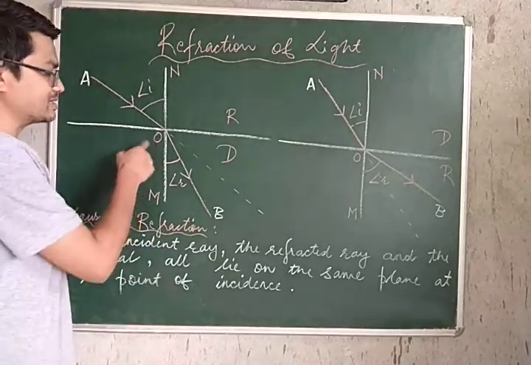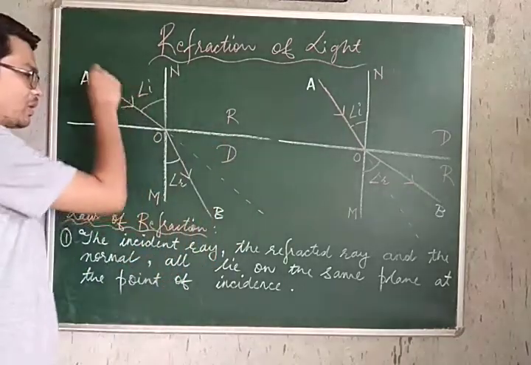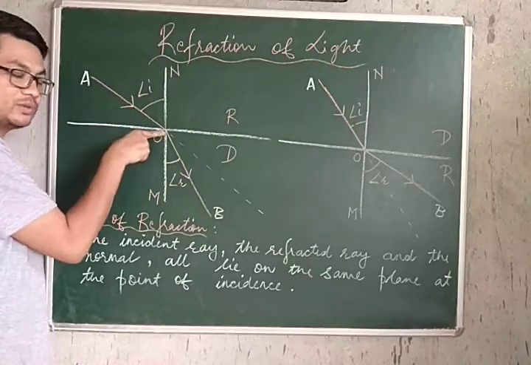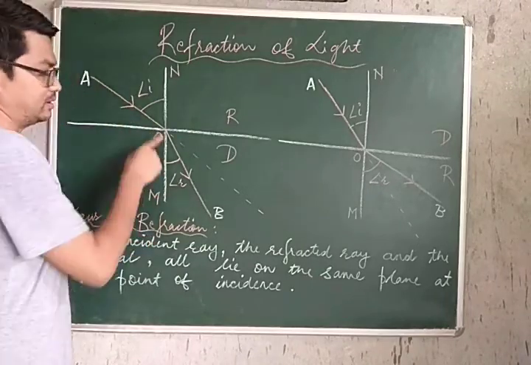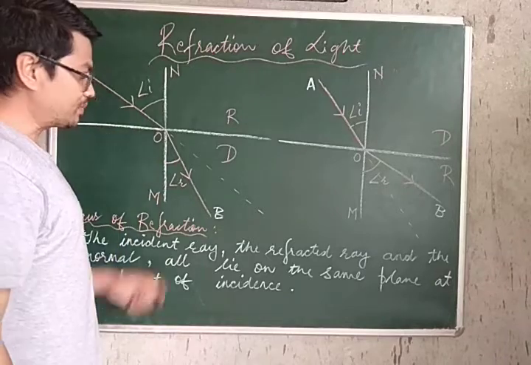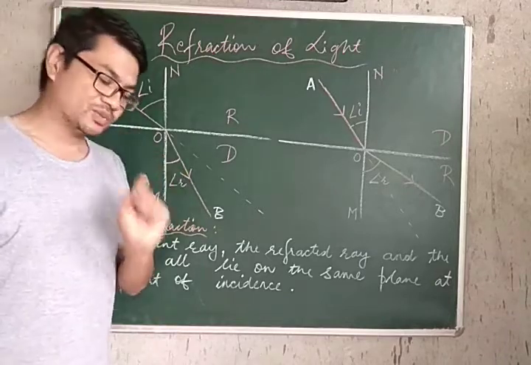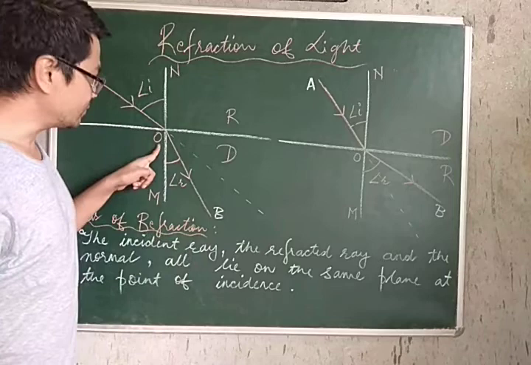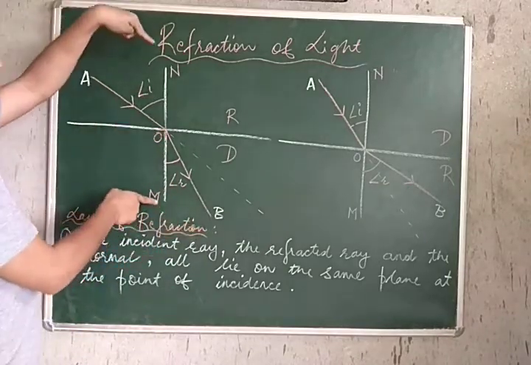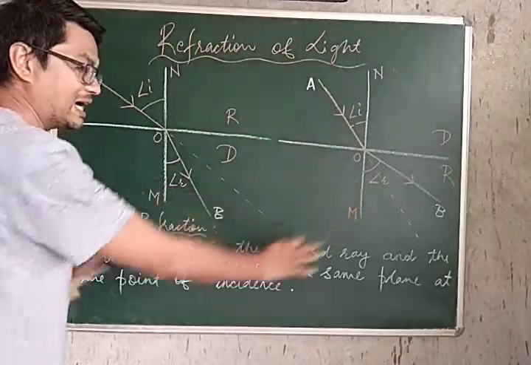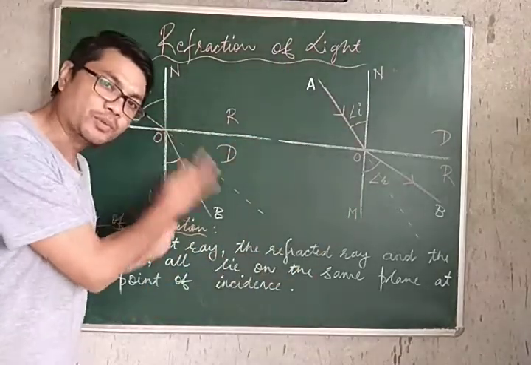The point of incidence is O, where the incident ray AO is incident.